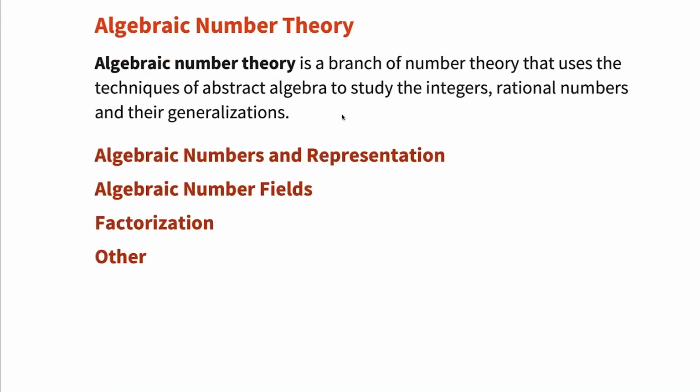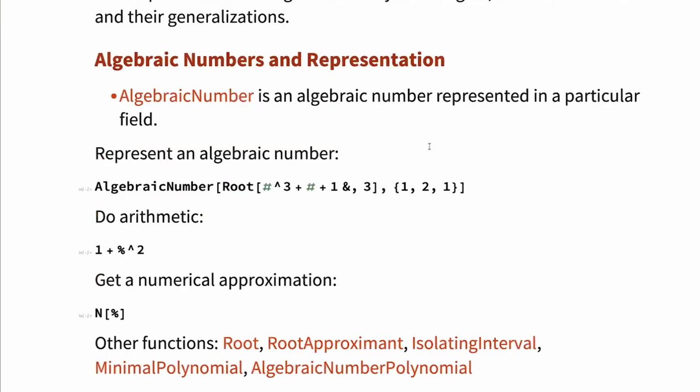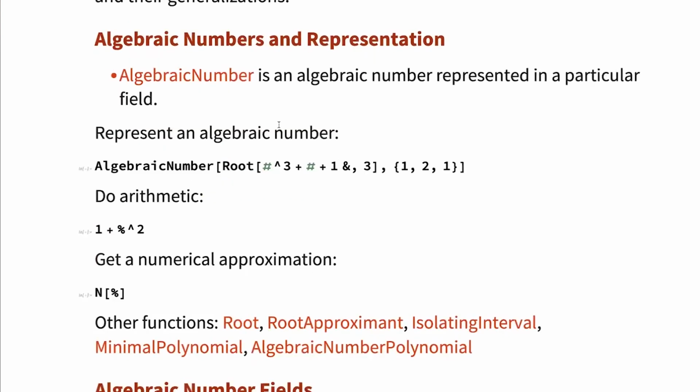Let's now talk about algebraic number theory, which is a branch of number theory that uses the techniques of abstract algebra to study the integers, rational numbers, and their generalizations. The first group here is algebraic numbers and representation. An AlgebraicNumber is an algebraic number represented in a particular field.